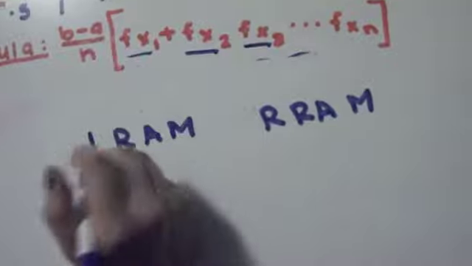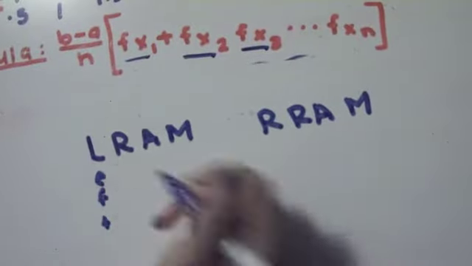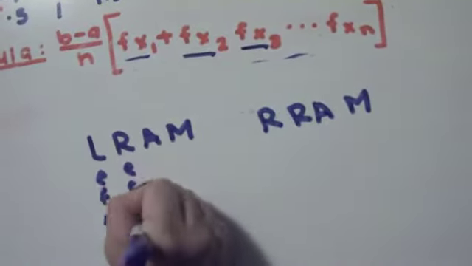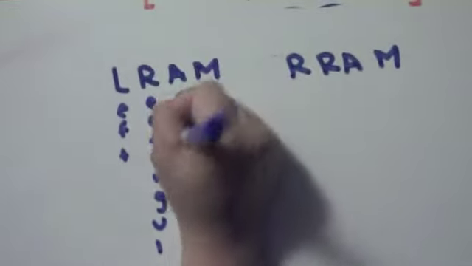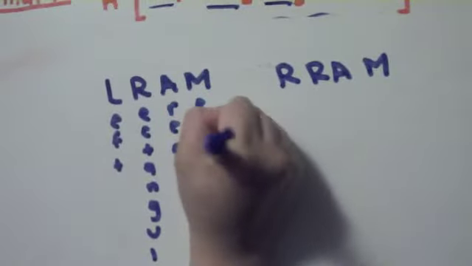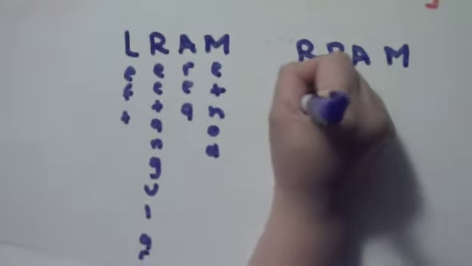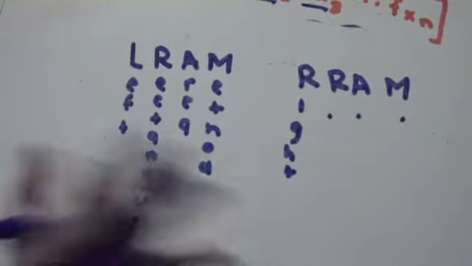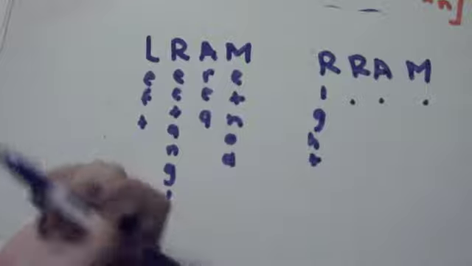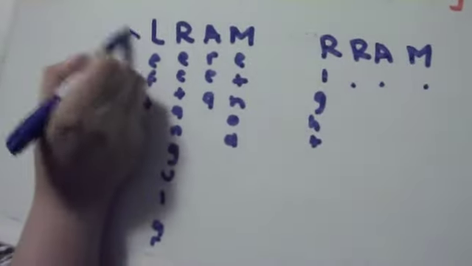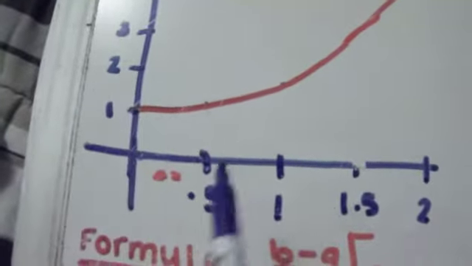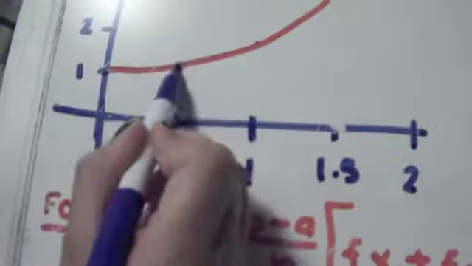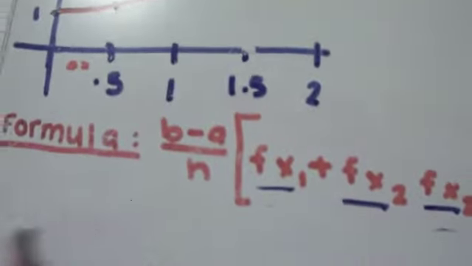So LRAM means left rectangular area method, and RRAM means right rectangular area method. So what this basically means is that LRAM uses the left point of your function, and RRAM uses the right point of your function. I'll show you that later on.